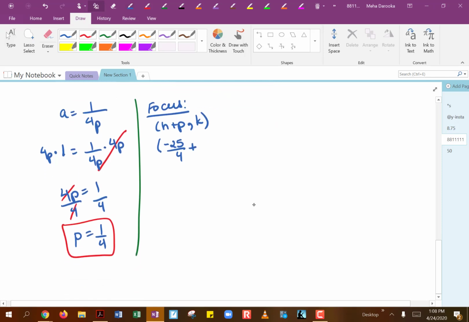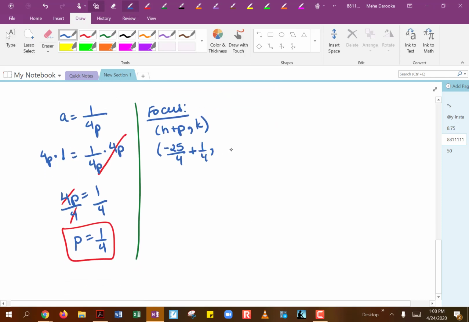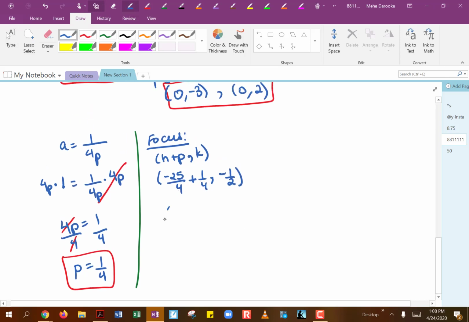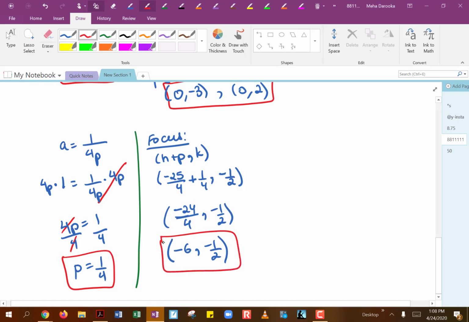So that's h plus p, which is the 1/4, and then the k is -1/2. So of course you can see we have the common denominator 4. -25 plus 1 will be -24. And -1/2, and then of course you can reduce. -24 over 4 is -6, so -6 and -1/2 is our focus.